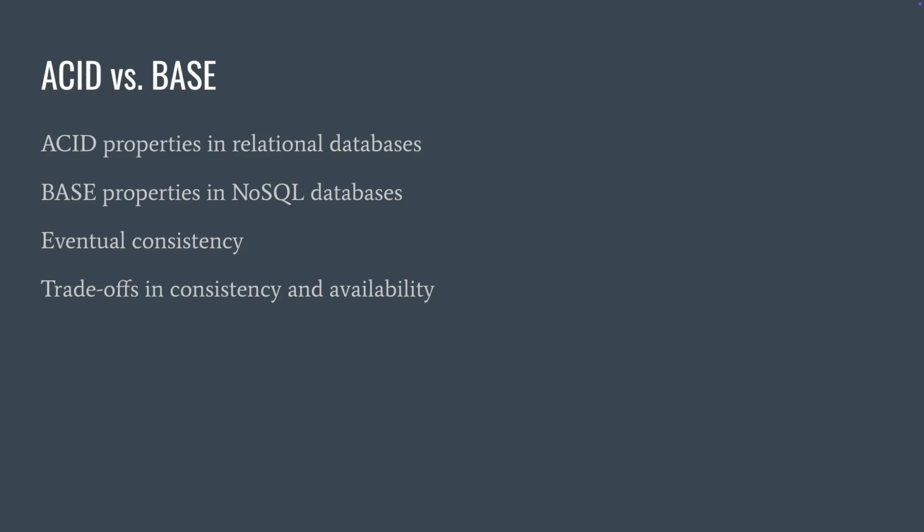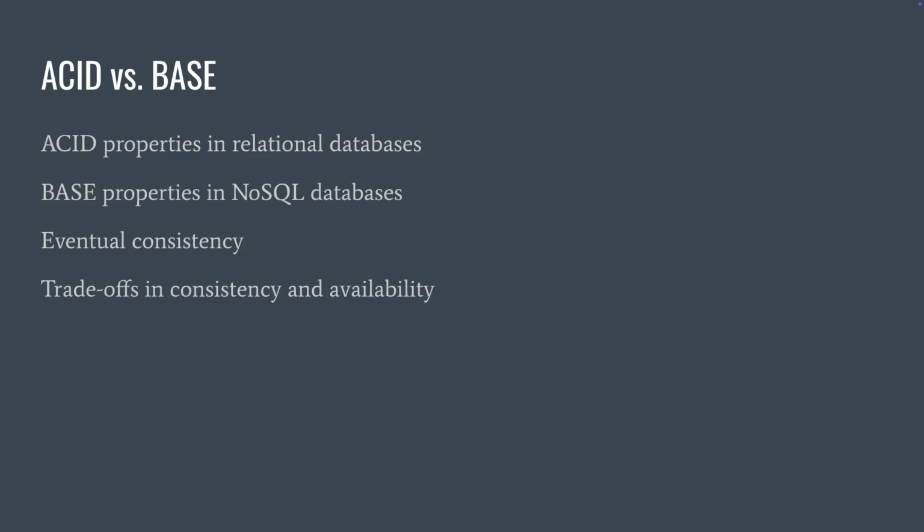So by having relational database properties, we can have the entire transaction be rolled back, which leaves the database in a consistent state. Now let's talk about BASE, because many NoSQL databases follow a BASE approach.